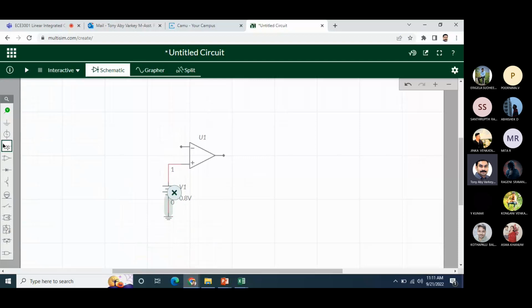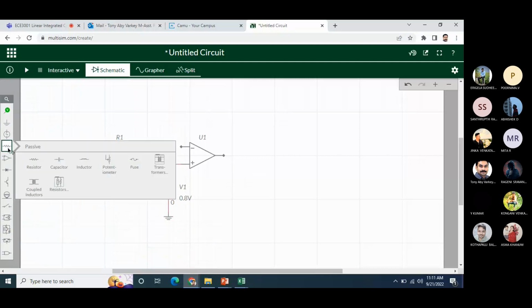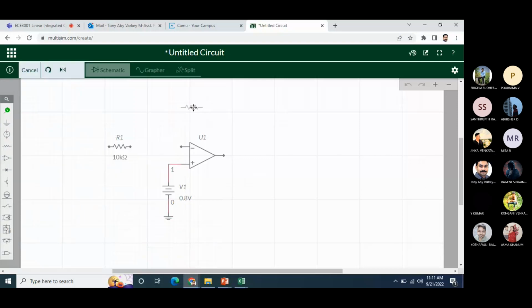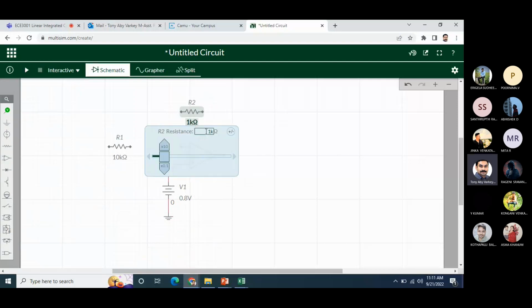Then we need two resistors. So this is R1. R1 value was 10 kilo ohm, and RF was 40 kilo ohm, correct. So this I'm changing to 40 kilo ohm. Changing the name to RF so that it will be exactly the same as what is done. And V1 also I will change to Vin.